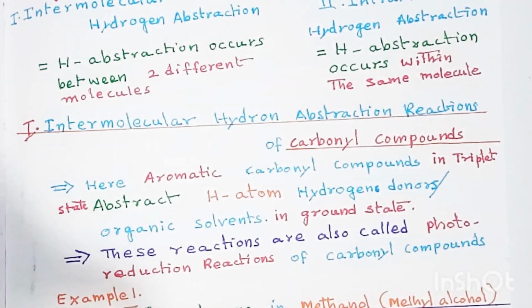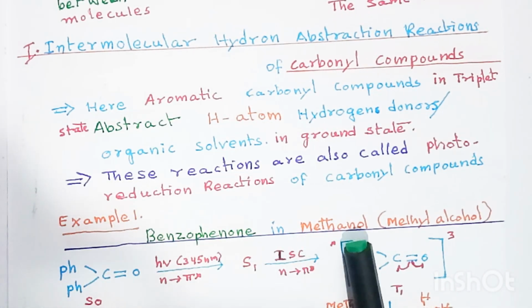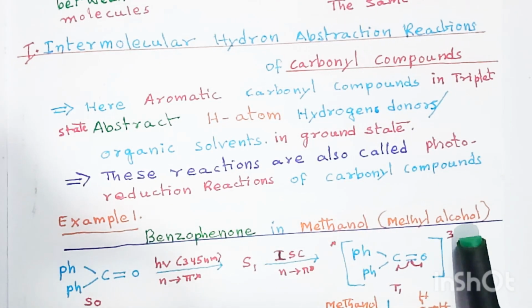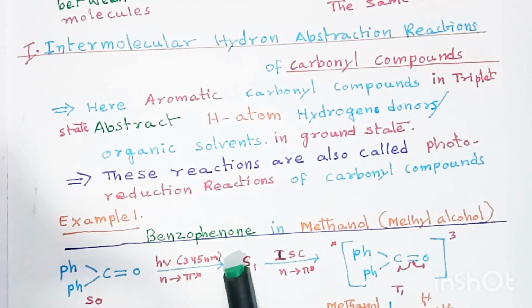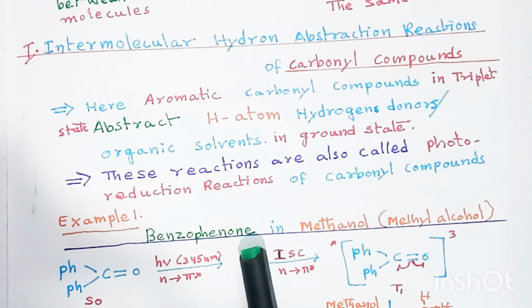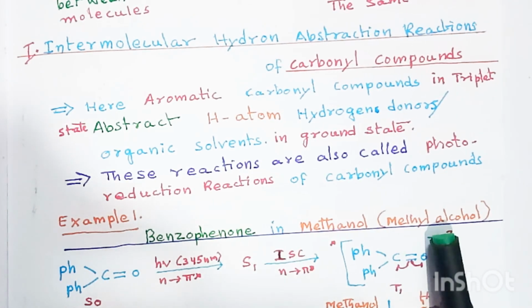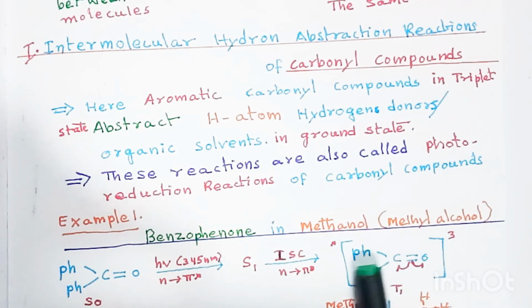So let's see the example of benzophenone in methanol or methyl alcohol. Here benzophenone is the organic carbonyl compound. Methanol is the hydrogen donor or organic solvent.